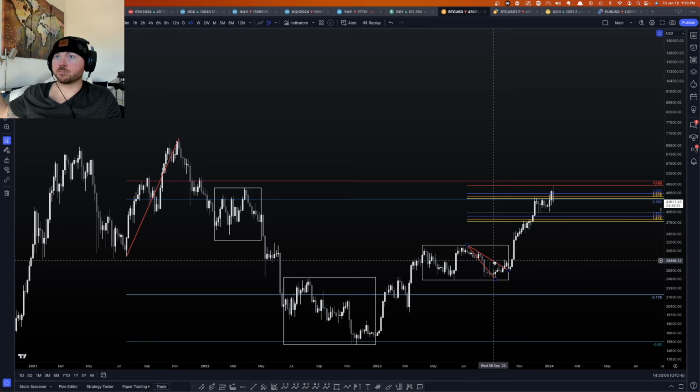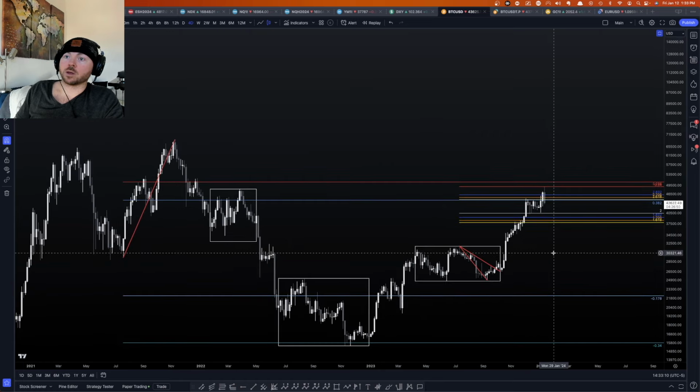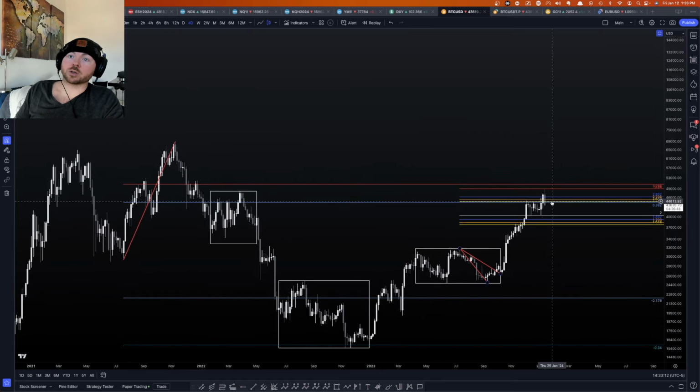After that, these guys aren't building positions up here after a move like this. They're going to wait for price to come down, make a low, and then start to range, and then think about which way they want to accumulate a position, up or down. But they're not going to be doing it at the top right here on this move. That's for sure.